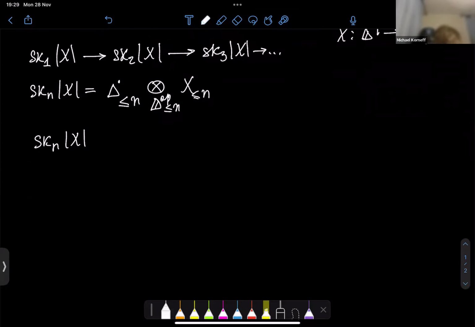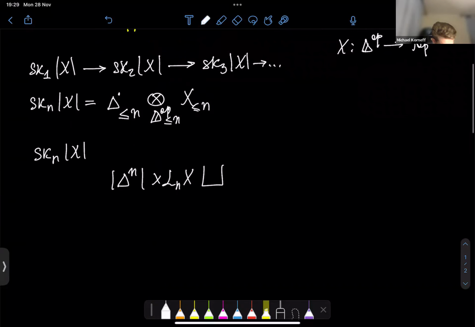So consider the following diagram, where this means that this is a union of all degenerate maps.